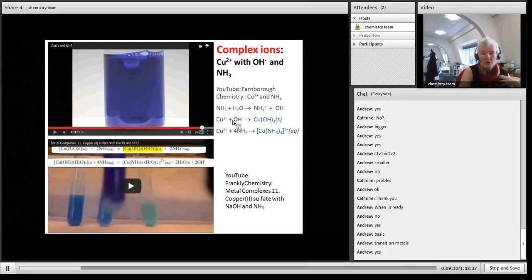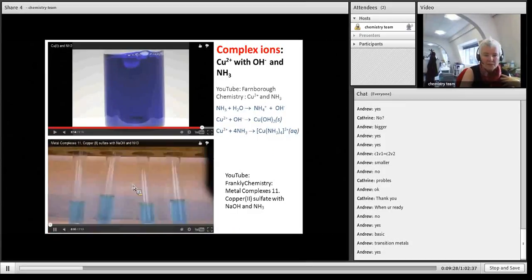Yes, good. So whenever you add ammonia to copper ion, you'll first get that precipitate because you're forming the copper hydroxide, but then you form the copper ammonia, or copper amine complex. That's the proper name.